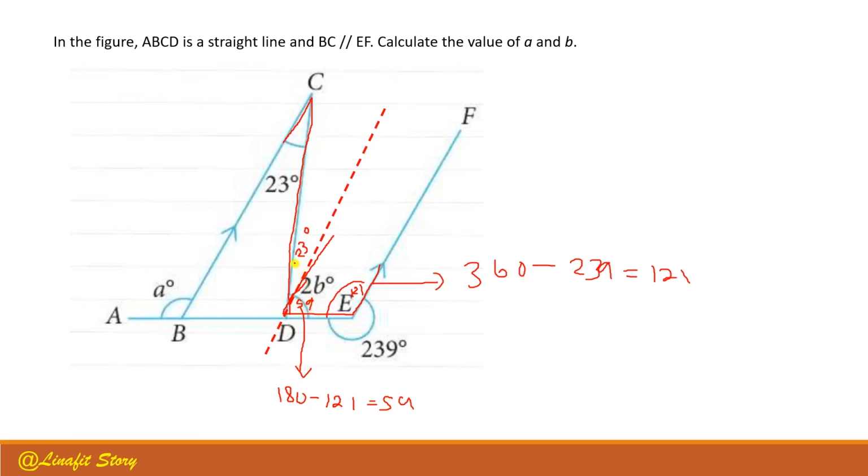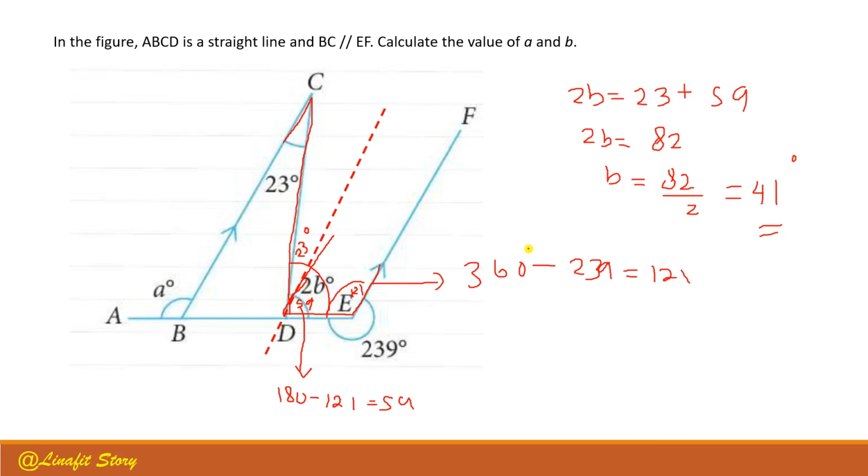So 2b is equal to 23 plus 59. 2b is equal to 82 degrees. So b is equal to 82 divided by 2, which is 41 degrees.